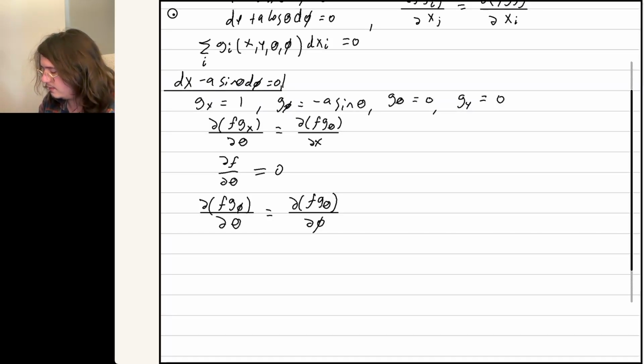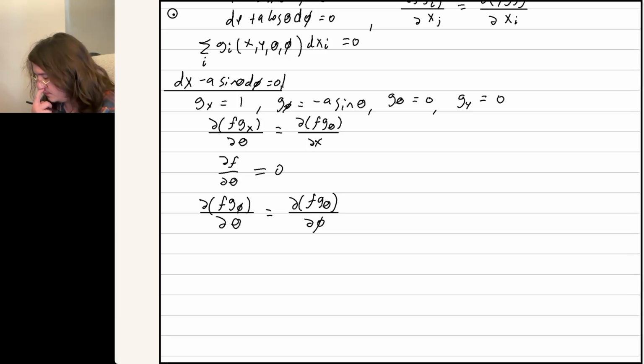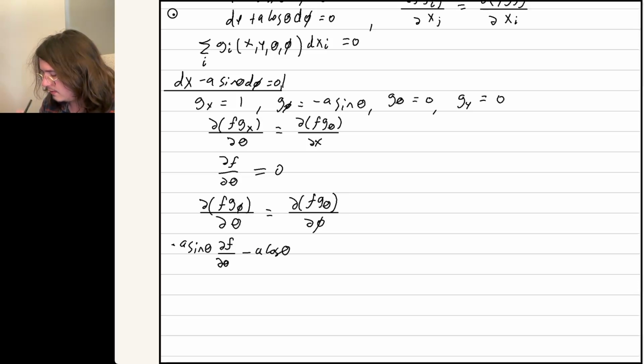G phi is minus a sine theta, so using the product rule, you're going to have minus a sine theta times del f del theta, minus a cosine theta on the left-hand side times f.